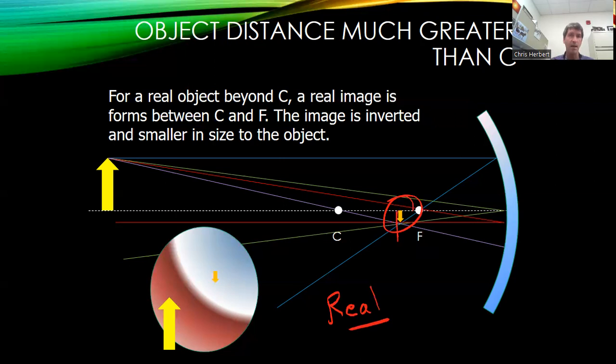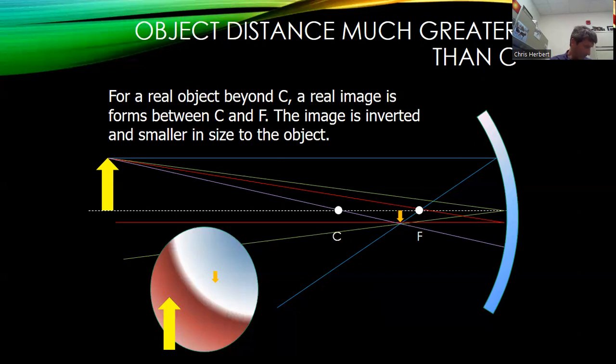You would physically see that image if there was enough light coming from the object. Okay, so it's inverted. It's a smaller size. So we would say that the magnification here is negative because it's upside down, and the absolute value of the magnification is less than 1.